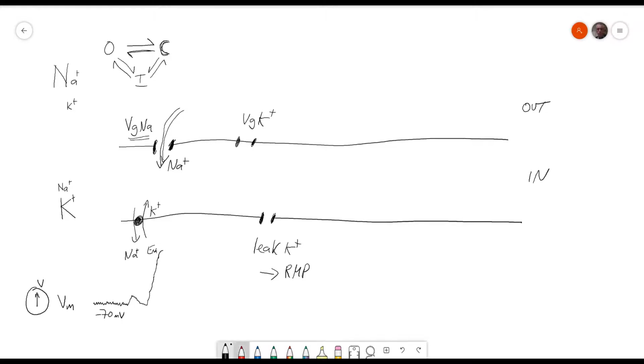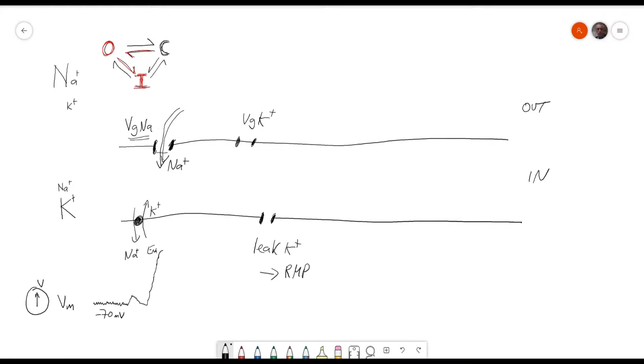So you start to see open channels. But then, from the open state, they can now move into this other state, which is the inactivated state, which is a closed state as well. It doesn't conduct ions. So basically, another gate closes on the inside here, and that stops the influx of sodium.